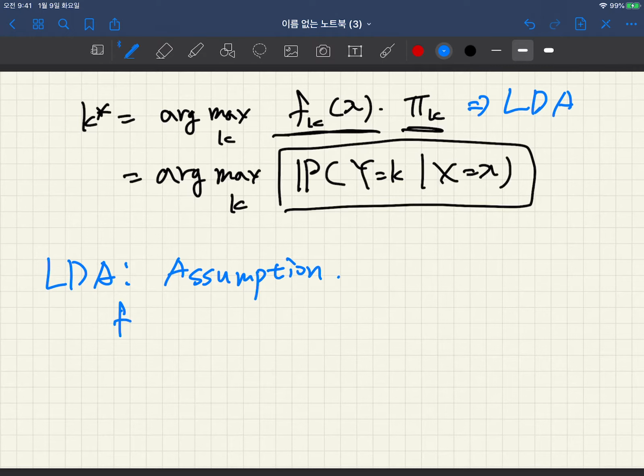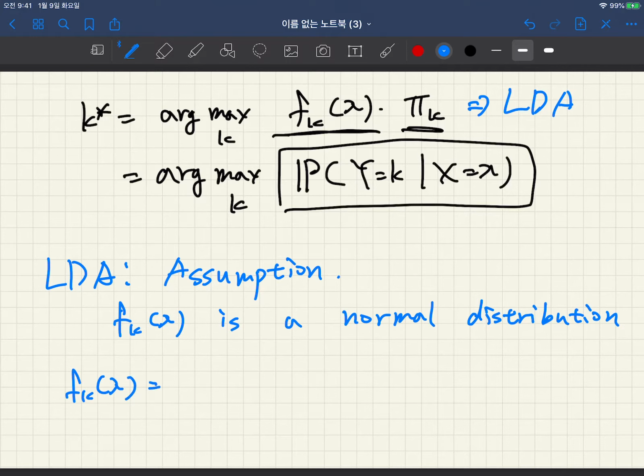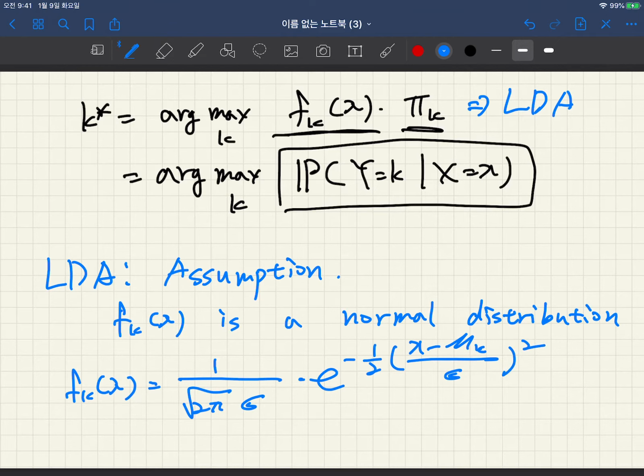The density function f_k(x) is a normal distribution such that f_k(x) = 1/(√(2π)σ) times exponential of minus 1/2 ((x minus μ_k) over σ) squared.